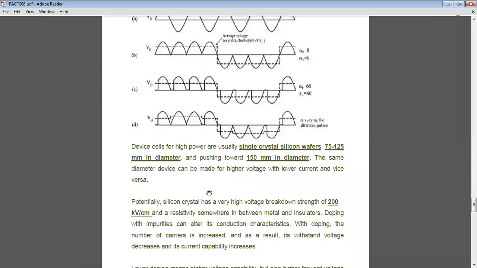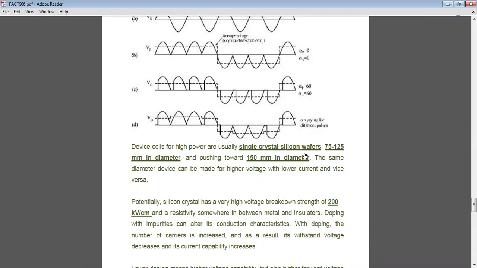Generally, any electronic device, here diodes or any layers, are made up of silicon crystals, silicon crystal wafers.